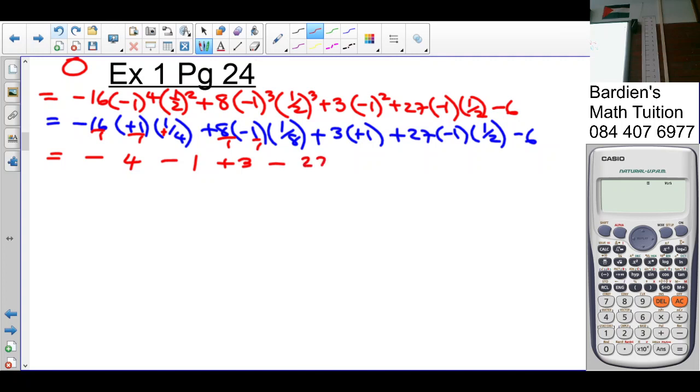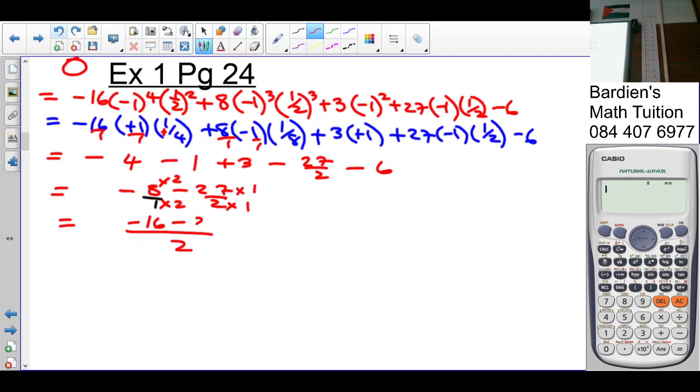27 over 2 minus 6. So what I'm going to do is sort out my numbers first. So minus 6 minus 1 is minus 5. Minus 5 plus 3 is minus 2, negative 2 minus 6, negative 8, minus 27 over 2. So what's my LCM at this point? 2. You all agree with that? Yes. So I must multiply it by 2, negative 16, negative 27.